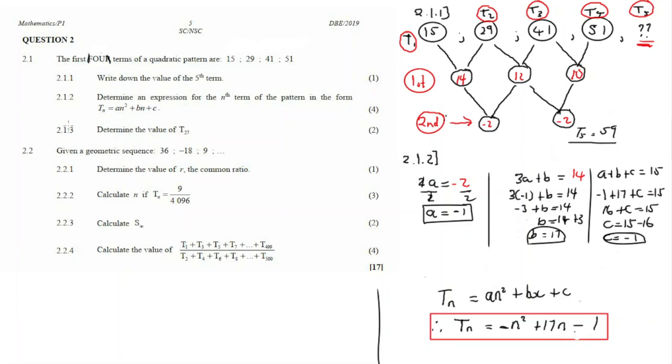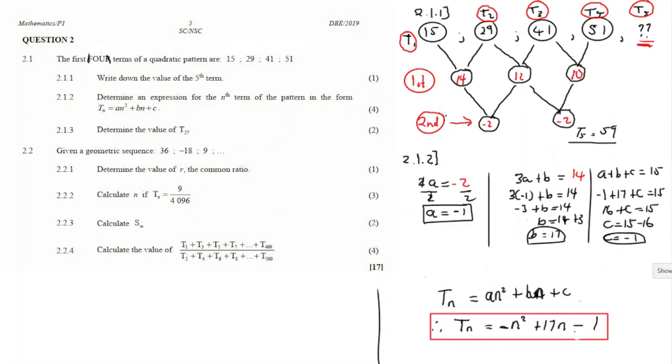I made a mistake here, it's not bx but bn. It's an squared plus bn plus c, not bx.